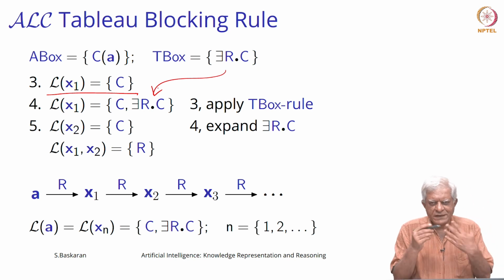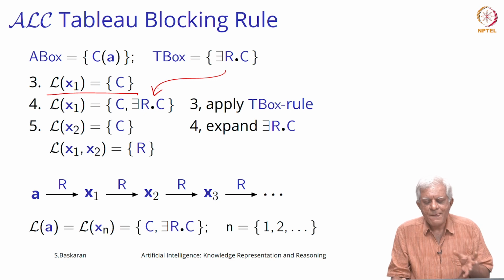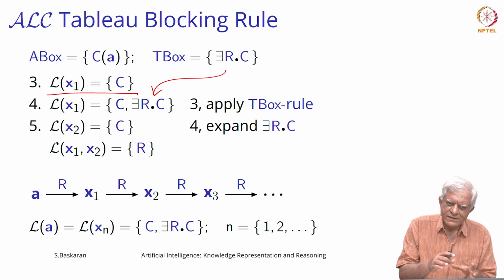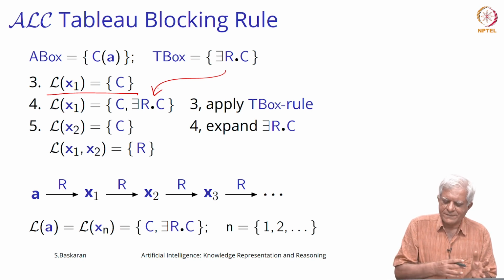We have to either keep applying till no more rules apply, or a branch is closed, but in this case neither will happen, and therefore we will have to invent a method for stopping this expansion process.